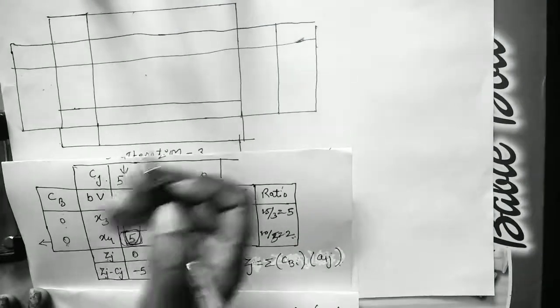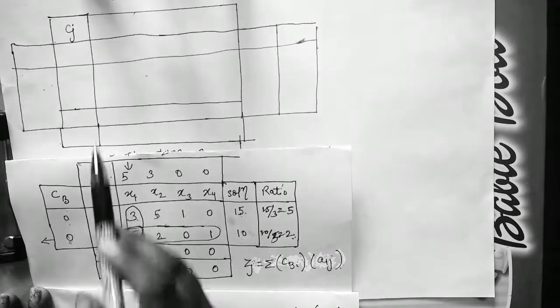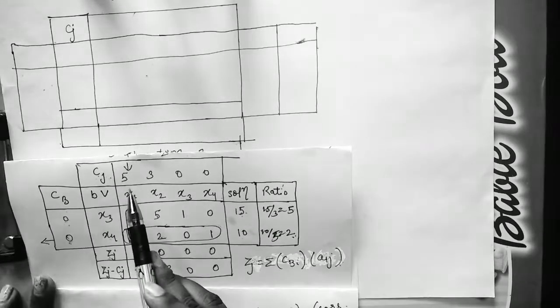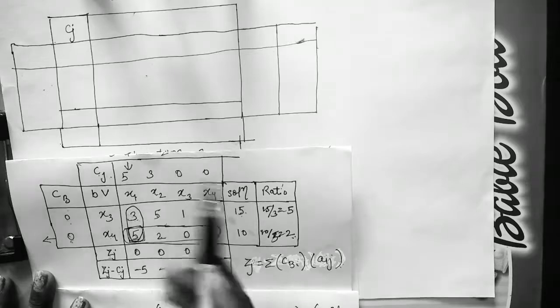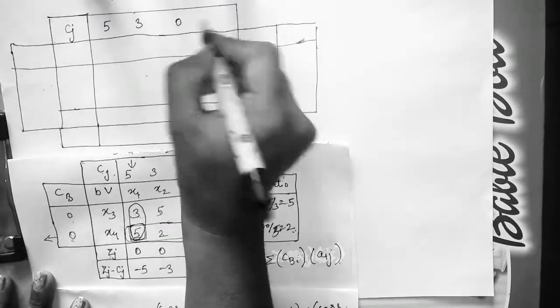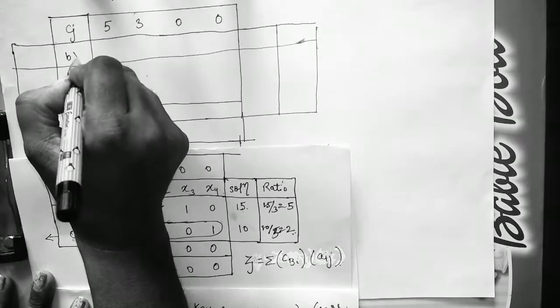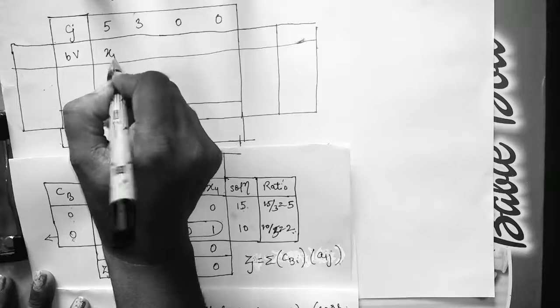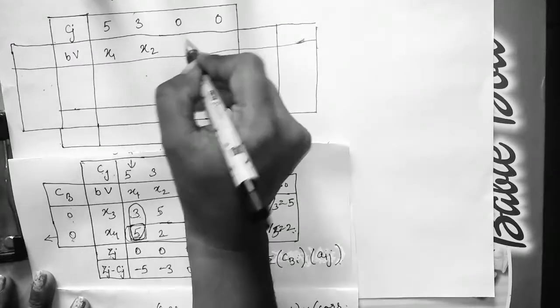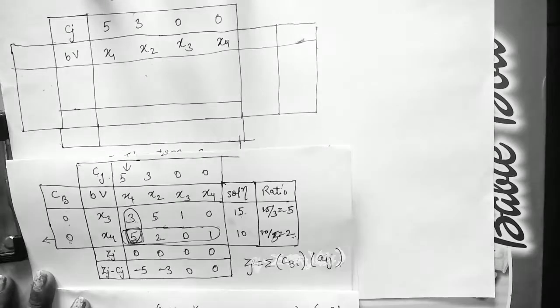So for second iteration, this is Cj, with the same values as in the first iteration. This is 5, 3, 0, 0. There will be no change in Cj. 0, 0. Corresponding variables x1, x2, x3 and x4.